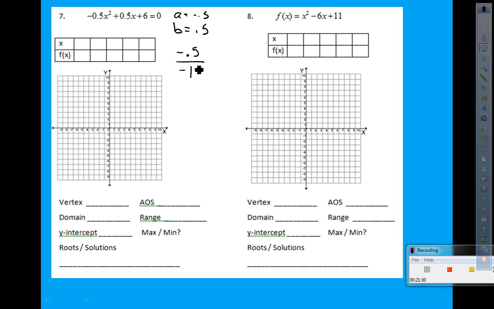So 0.5 divided by 1 is going to be 0.5. So there's my main x value. The x value of my vertex is at 0.5. Then I'm going to ask you to also use a 1 and a 2 and a 0 and a -1.